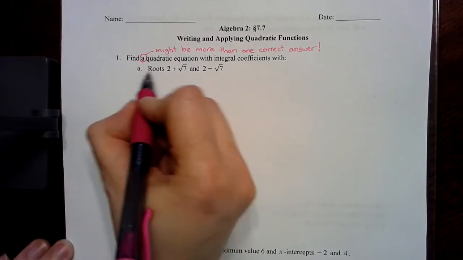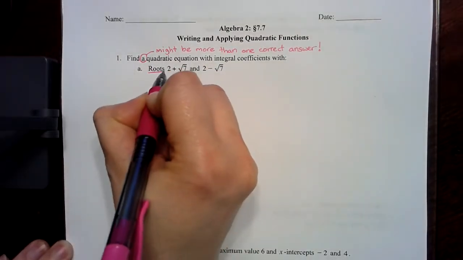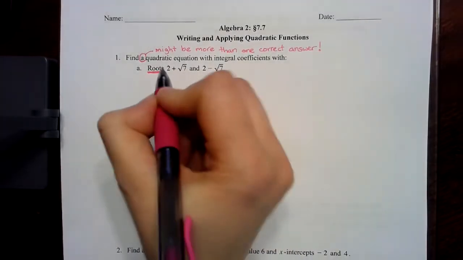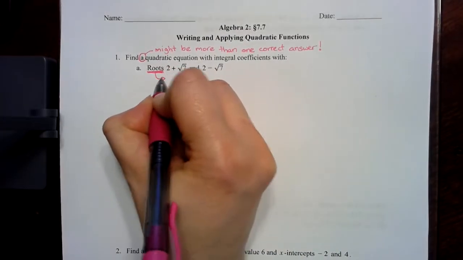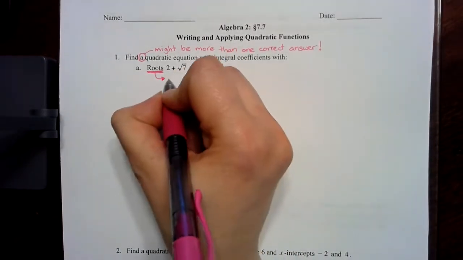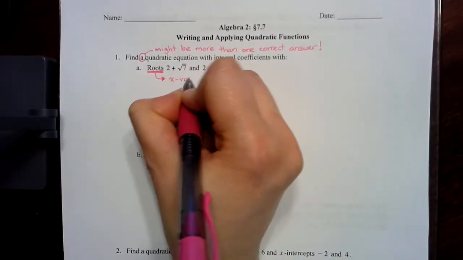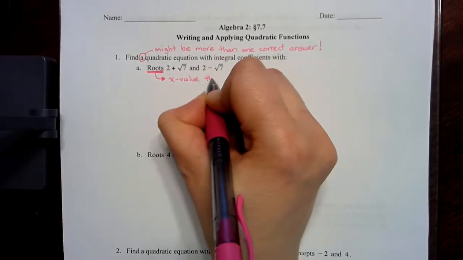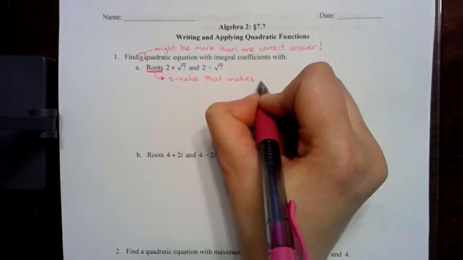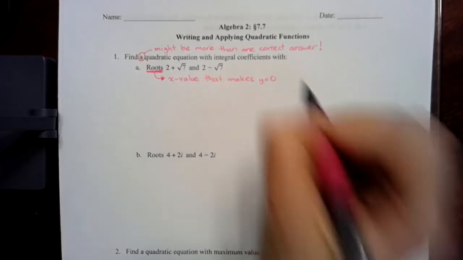So for our first example, we are looking for an equation when we're given the roots. The definition of a root of an equation is an x value that makes y equal to 0.